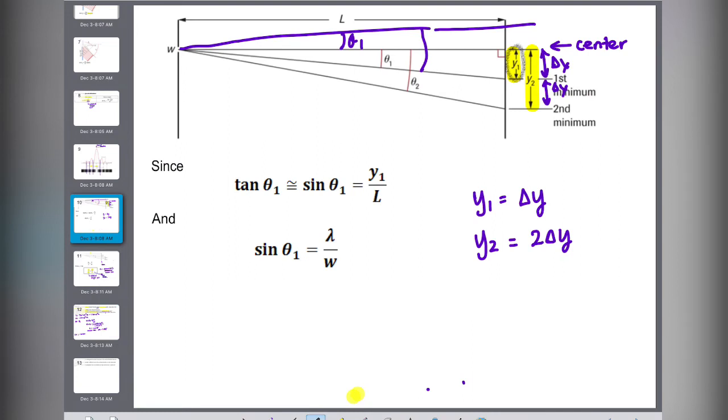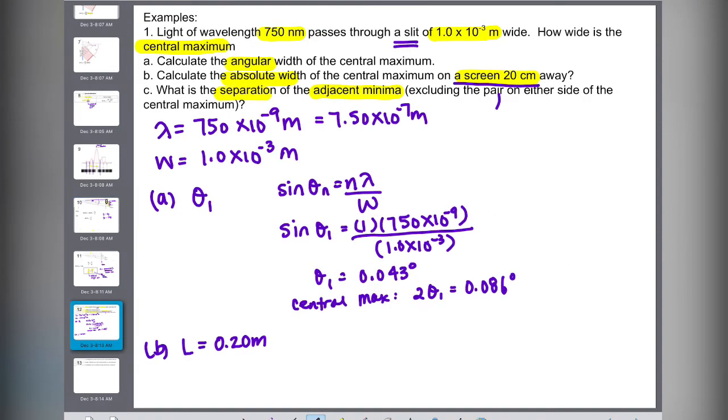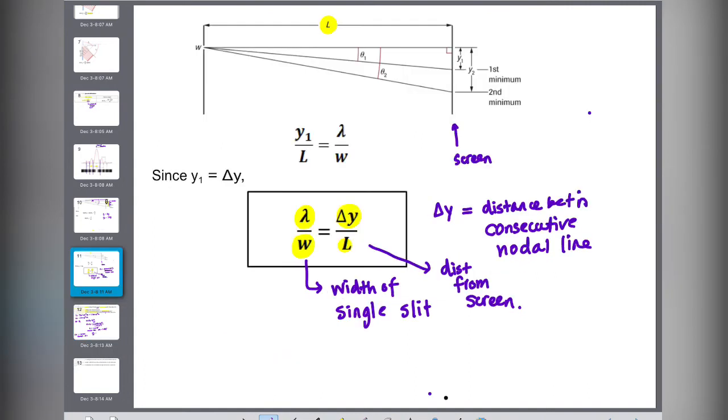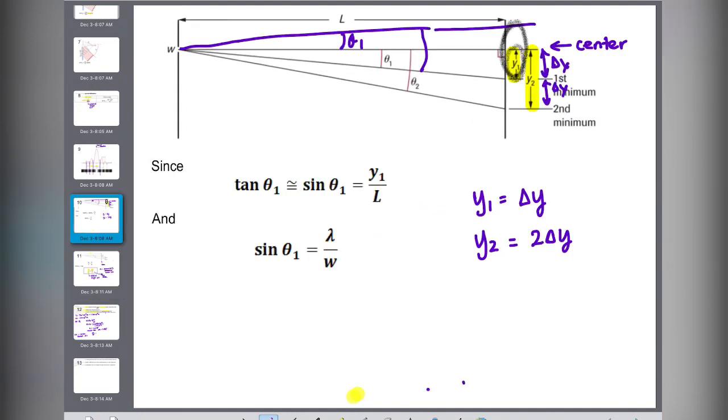That is your y1. Okay, y1 is what I'm looking for. But remember, I need it on both sides. So that means I'm going to have to find the central maxima, which is going to be 2 times the y1. So n lambda over W is equal, all right, I need y1.